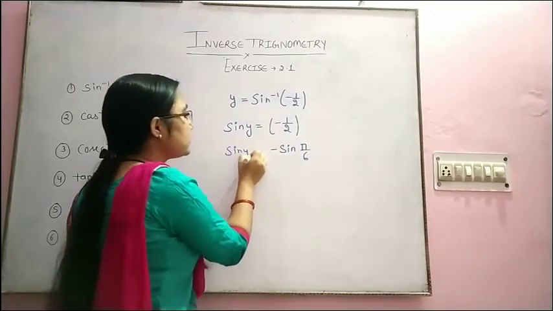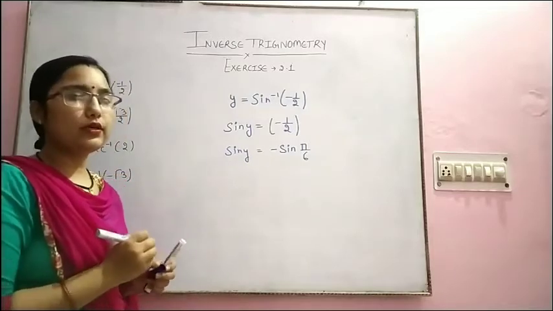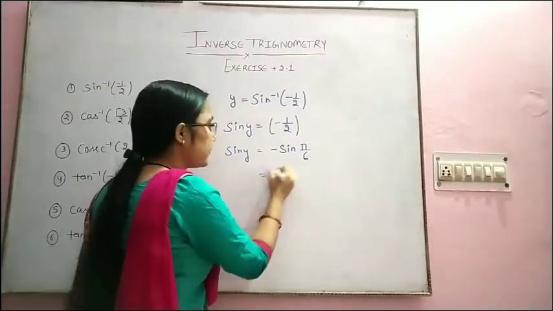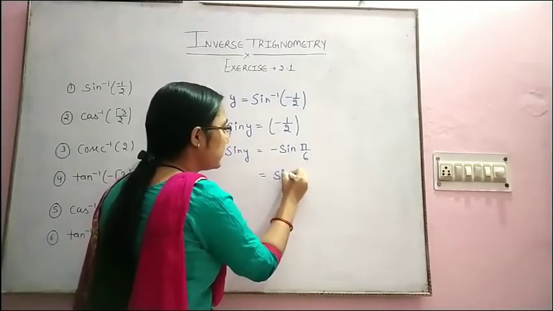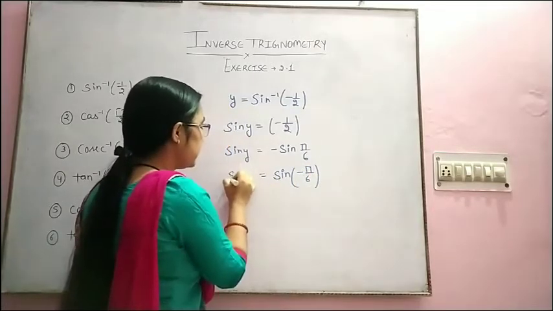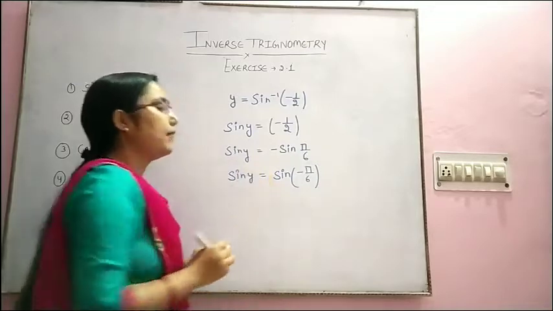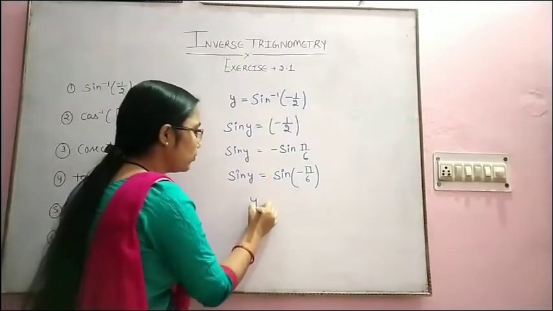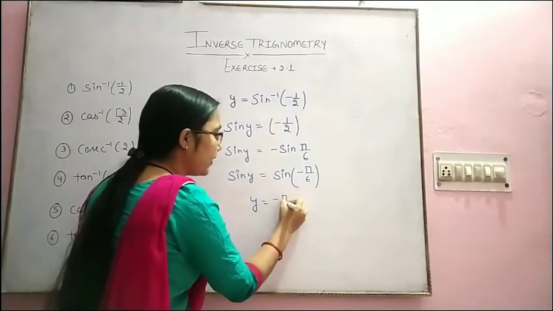And we all know that minus sine theta is also written as sine minus theta. So we can write sine minus theta, and this is sine y. By comparing, we get y equals minus pi by 6.